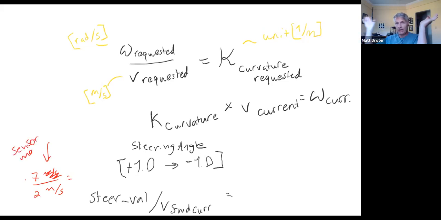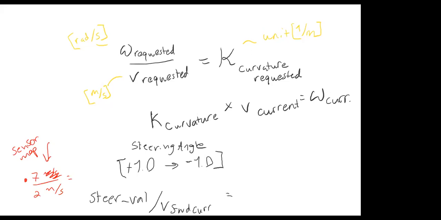And whatever that range is, you're just calling that plus and minus 1. Oh, so that's the thing that I think you want to map. So I think you want a map that says, a value of 0.7 here is equivalent to a curvature of whatever.